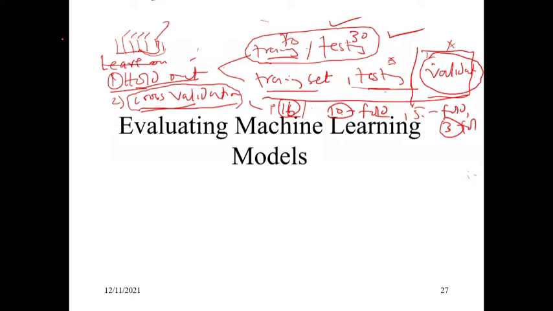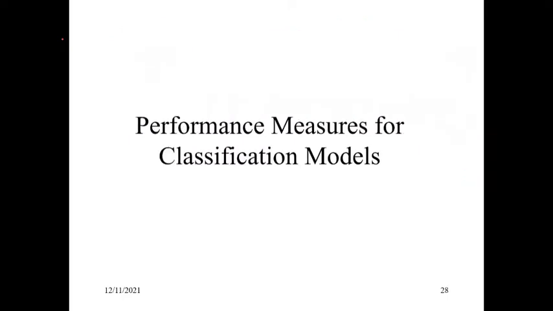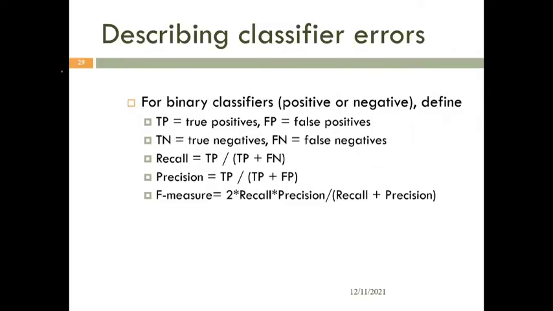Well, that's okay. Once you know how to partition the data, then what do you check as you are building the model? Once you train the model, you want to check if the model is performing. So what do you check for? That made us describe last week performance measures for classification models. For classification models, the most important of them, you need to check your true positive, false positive, true negative, and then false negative.